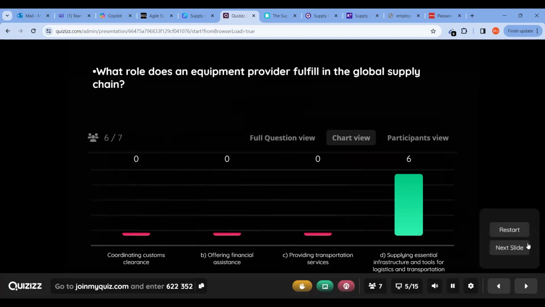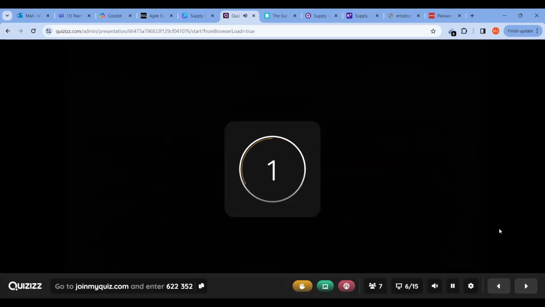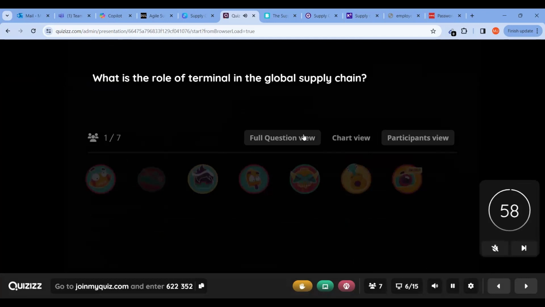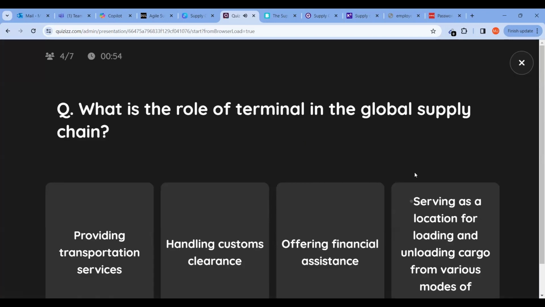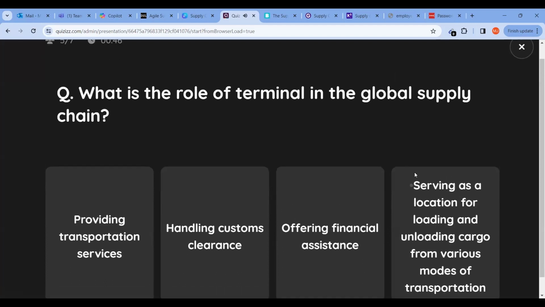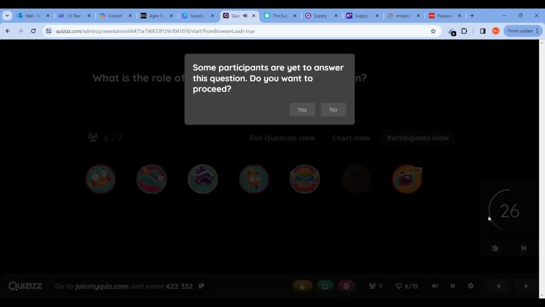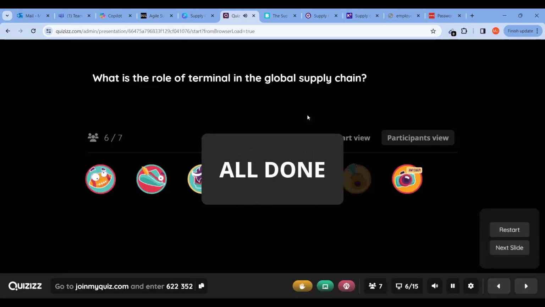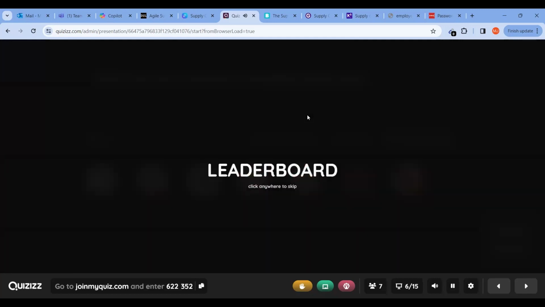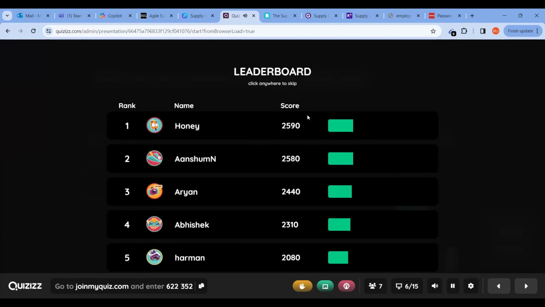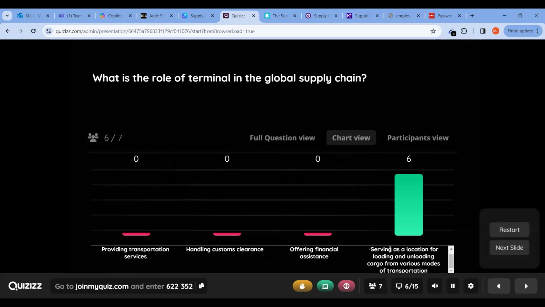Supplying essential infrastructure and tools for logistics and transportation. What is the role of a terminal in the global supply chain? Serving as a location for loading and unloading cargo from various modes of transportation, yes.